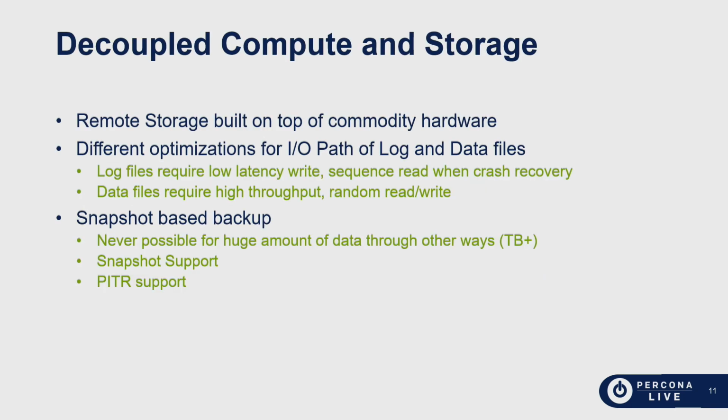So we talked a little bit about decoupling compute and storage, but I want to explain a little more detail here. We're talking about remote storage built by the dedicated storage team in Azure, whose goal is to use commodity hardware, which basically means we don't have very high-end hardware that can speed things up, like the Fusion-io card.